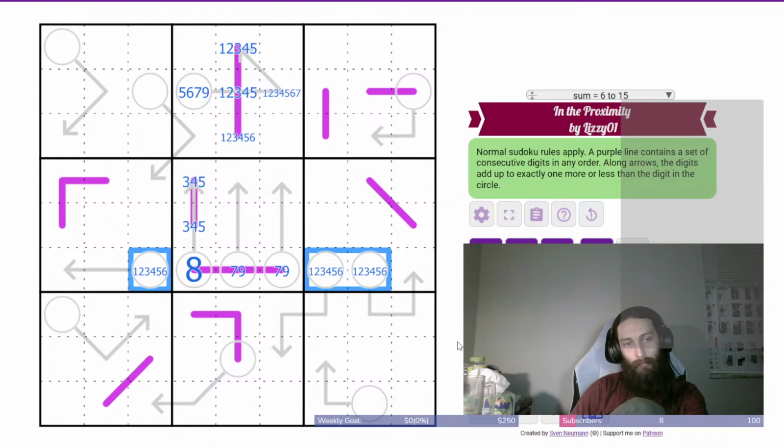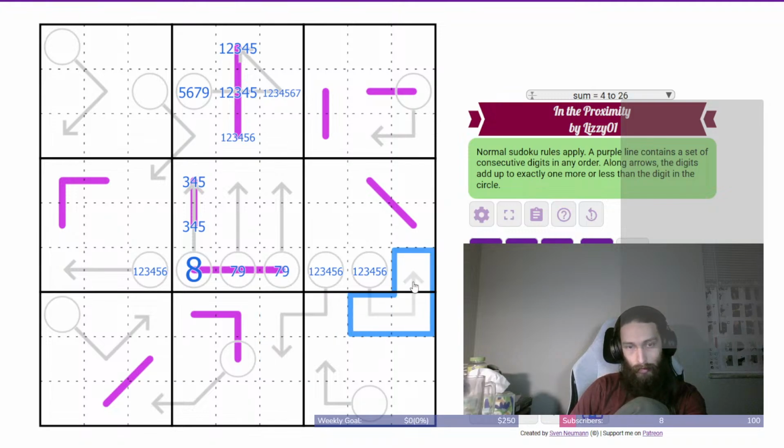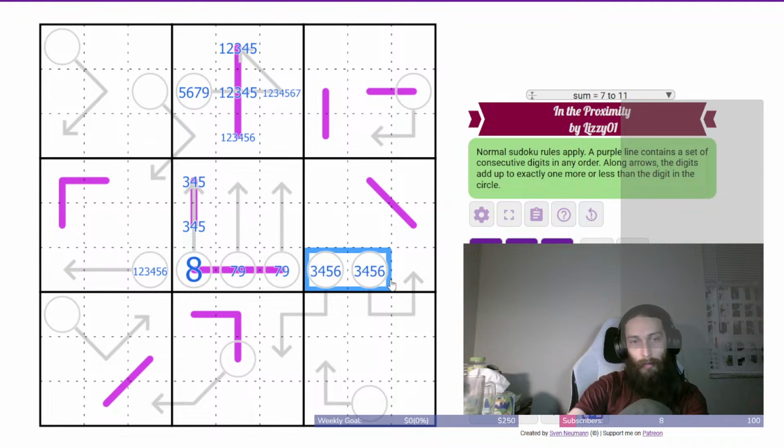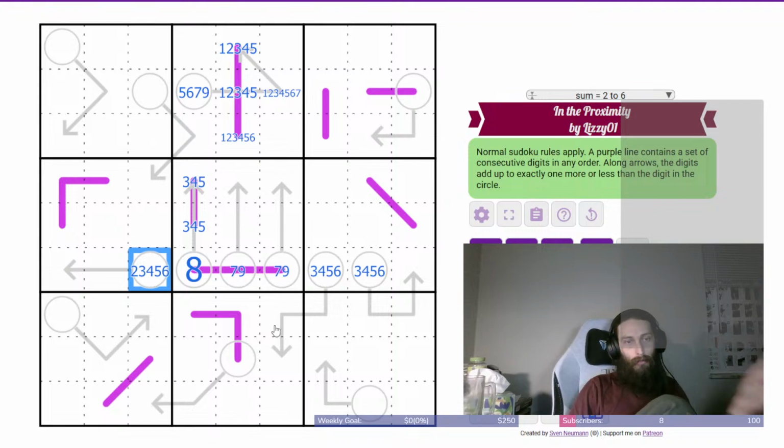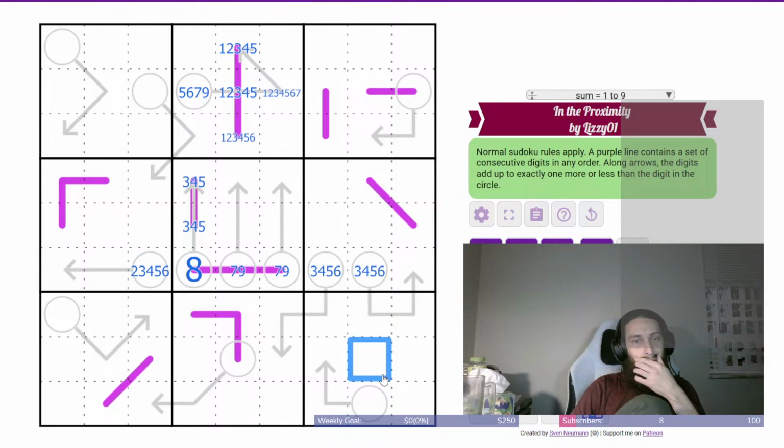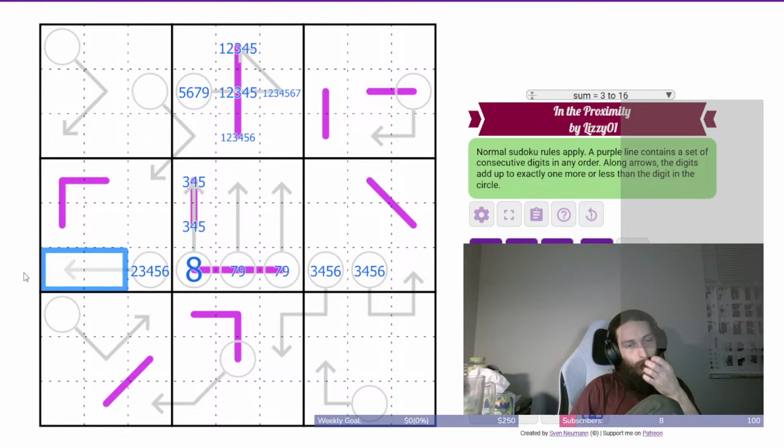Can they be 1? Well, the minimum here is 3. The minimum here could theoretically be 3, and the same here. I guess not 3. The minimum here is 4, and the minimum there is 4. So, this can't be 1 or 2, because the minimum's 4, and that's too far away. The minimum here is 3. So again, that's not 1. It could technically be a 2, though. Except, if this were 3, then that would be a 1-2 pair. So this isn't a 2.